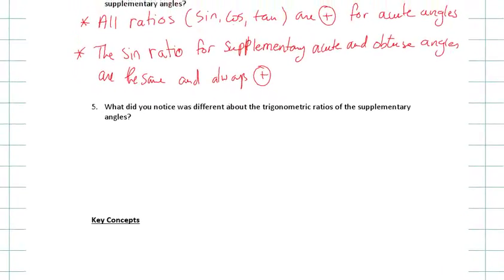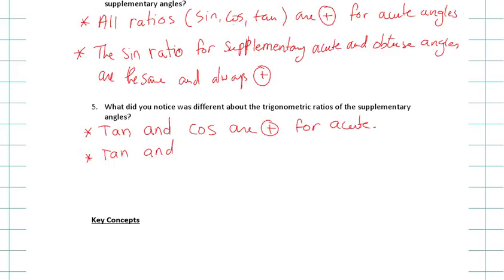What did you notice was different about the trig ratios of the supplementary angles? Cosine and tan. Were what? Negative. For which one? Choose. Okay. All right, so tan and cos are positive for acute, negative for obtuse, sorry.